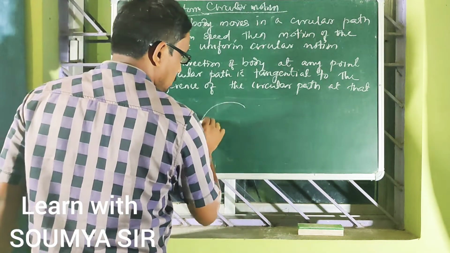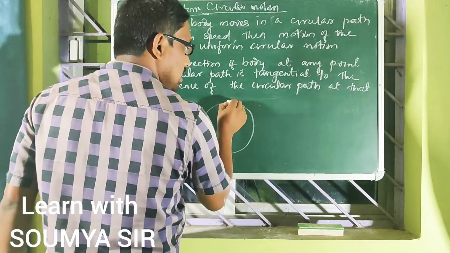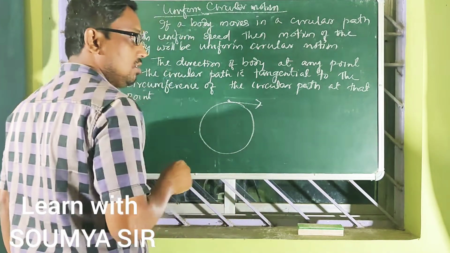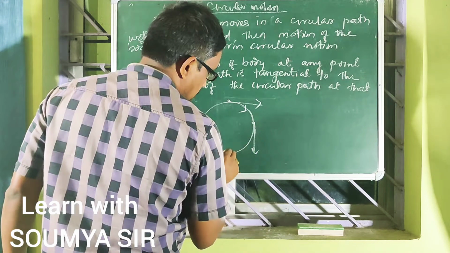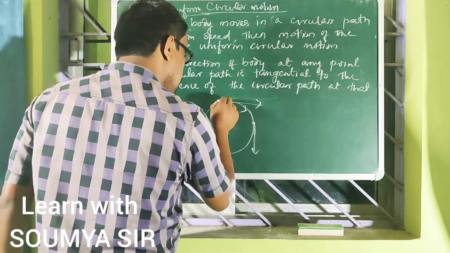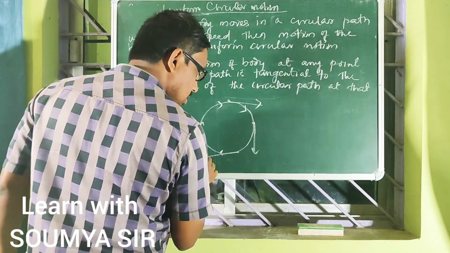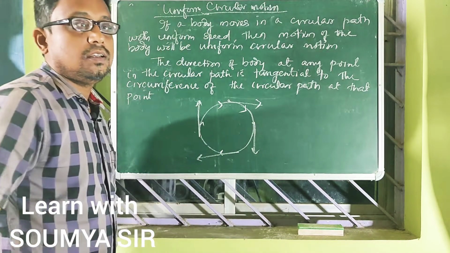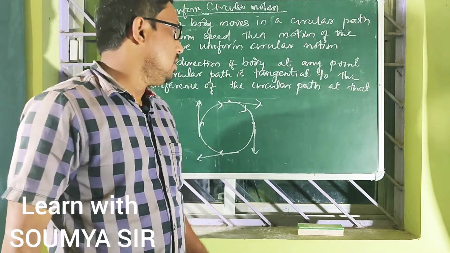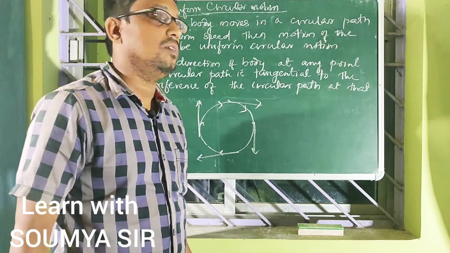Suppose the body is moving in this path. At this point, the body direction is this. At this point, the body direction is this. Suppose the body is moving like this. At this point, the direction is this, and at this point, the direction is this. So like that, there is the direction of the body.